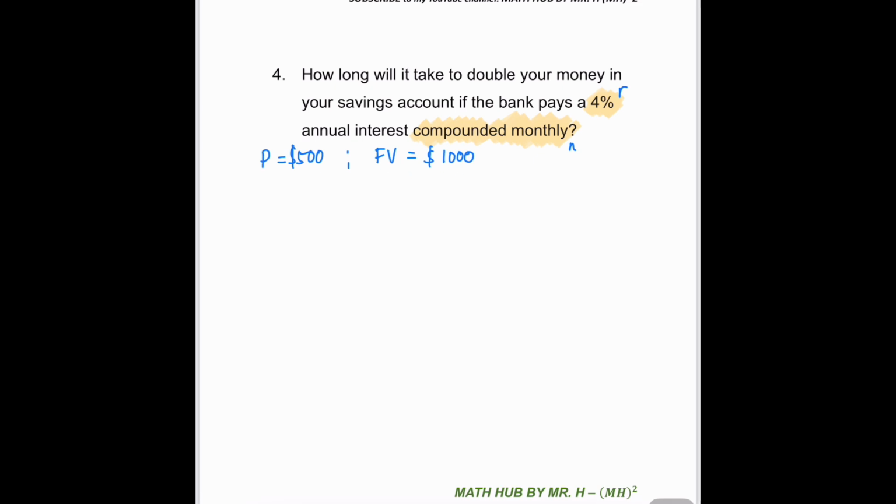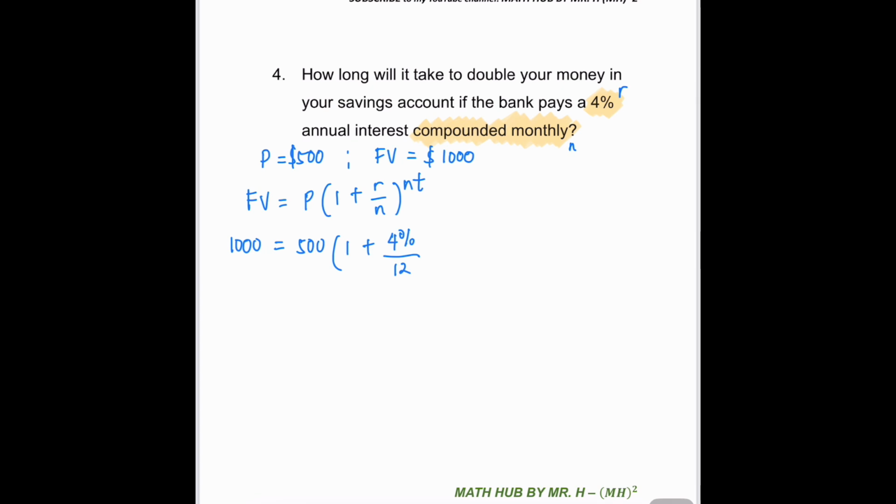The future value will be equal to the principal amount, or the present value, times 1 plus r divided by n, to the power of n times t. So the future value is 1,000 equals 500 times 1 plus the rate, which is 4%, or 0.04, compounded monthly.